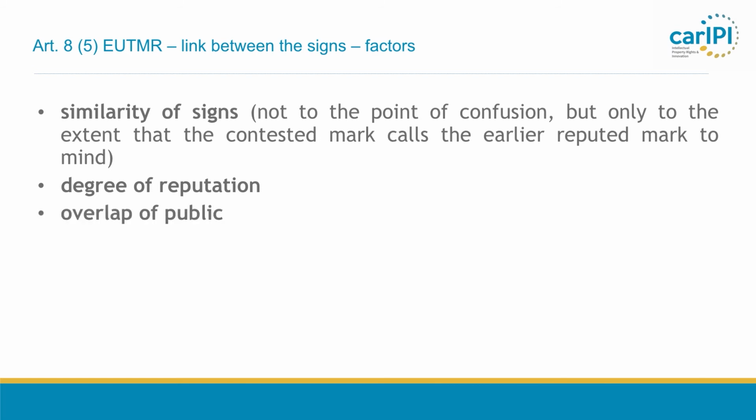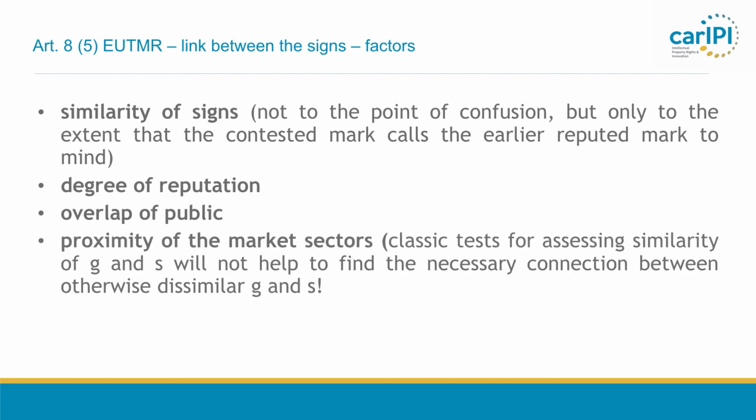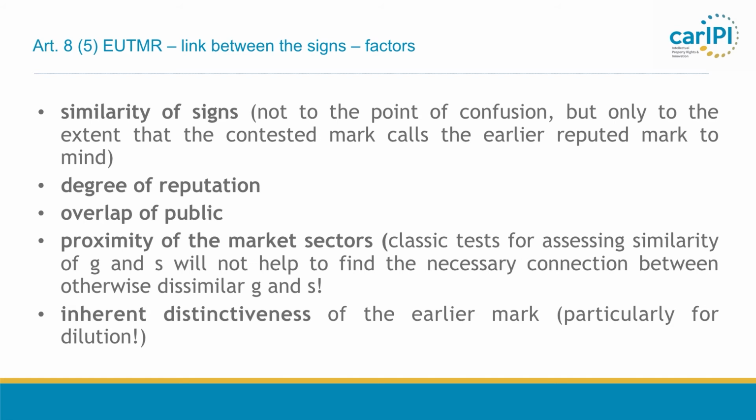It also requires that there is overlap between the public, so the same consumers can perceive both trademarks, can be confronted with both trademarks, that there is some proximity of market sectors, but this doesn't have to be the similarity of goods and services that I already mentioned when I talked about the identity, and I will talk about the similarity in more detail in the next presentation. And the inherent distinctiveness of the earlier mark is also an important factor.